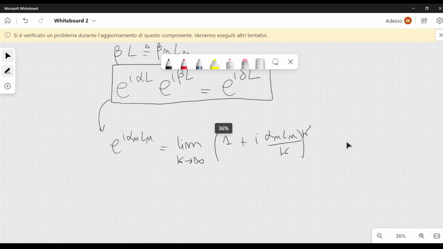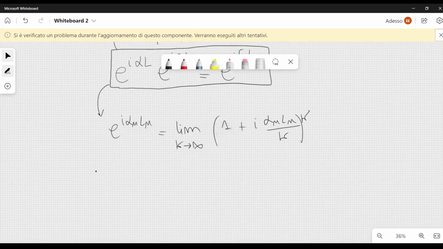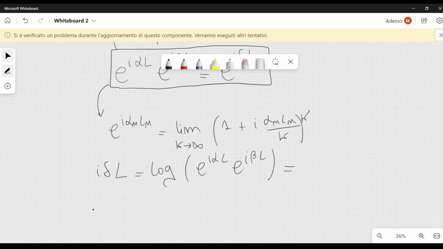Now, we can rewrite I delta L as the logarithm, or if you want, ln, natural log, of e to the I alpha L, e to the I beta L, and we can rewrite this as the log of e to the I alpha L times e to the I beta L minus the identity plus the identity.